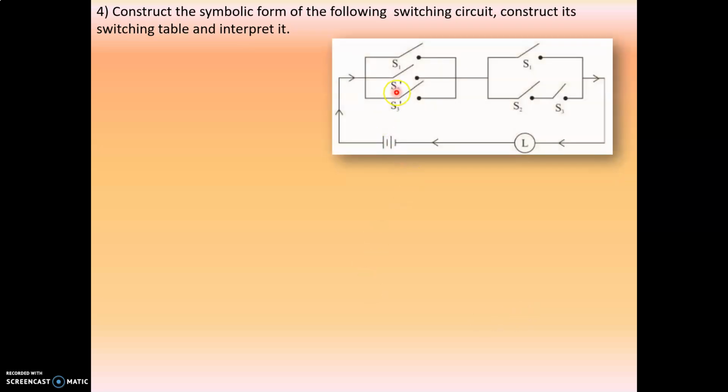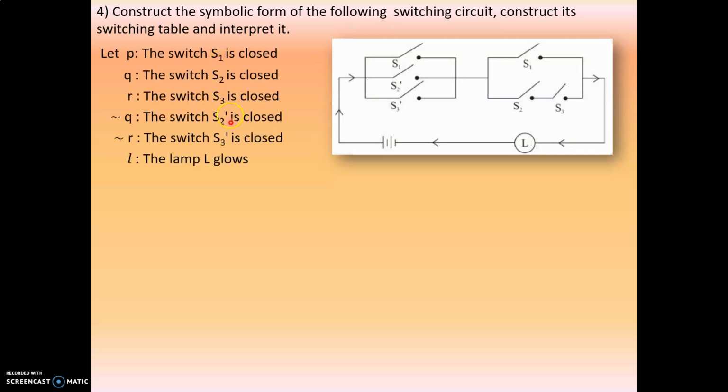So here S1, S2, S3, S2 dash, S3 dash. So P, Q, R, negation Q, negation R are given and L you have to describe. So like this you will write first. Then symbolic form of this you have to write. So symbolic form is first is P or negation Q or negation R. All the three switches are connected in parallel way.